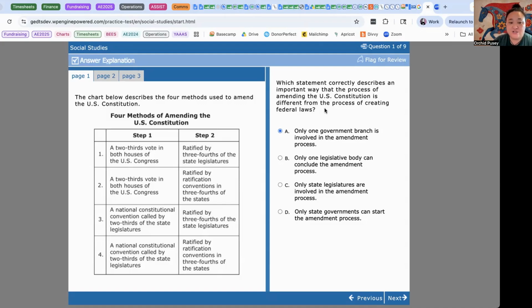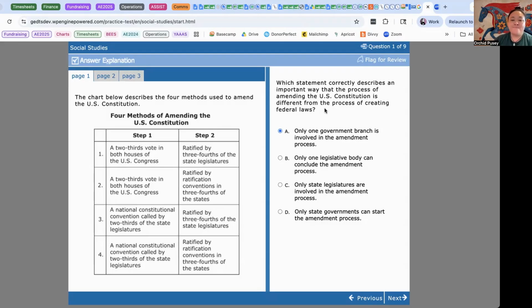State legislatures versus federal legislatures, it's all legislative branch. So option A says only one government branch is involved in the amendment process. Could that be true? We see legislative, we don't see judicial, we don't see executive. It seems like it could be true that there's only one involved.